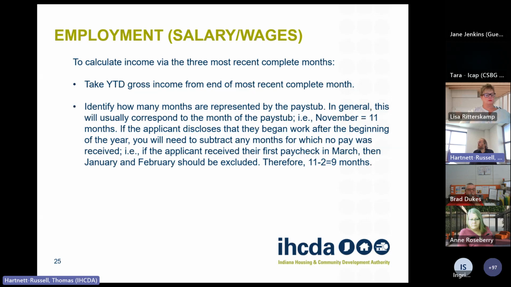And question 2 here is, any guidance on what to do when the 14-day timeline to receive the request for earnings form bumps up against a short timeline for the disconnect date on the utility bill? That is a great question.